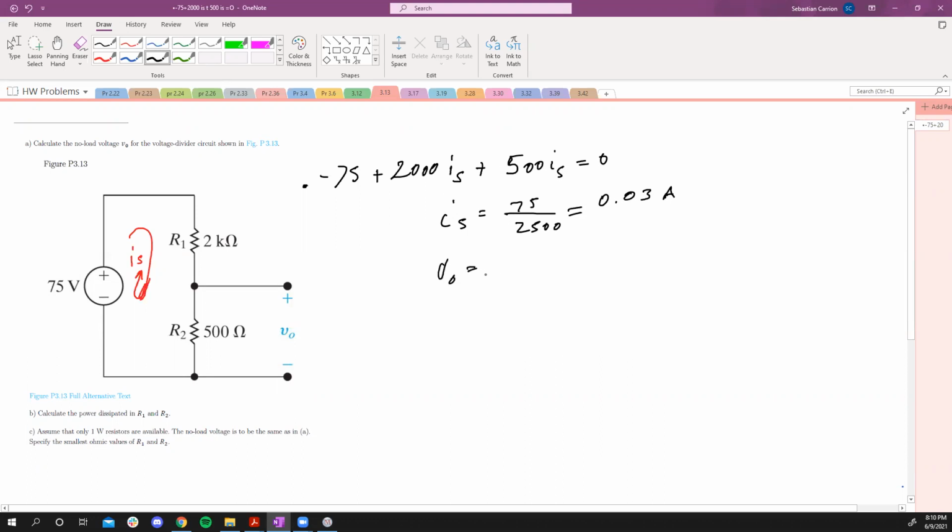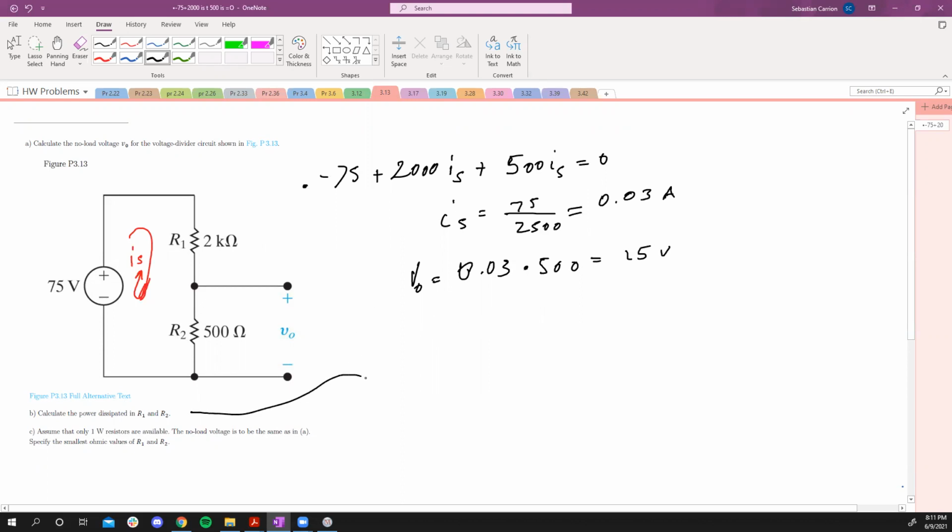So V naught is, assuming the bottom node would be ground, V naught is I times R, so IS times R, so 0.03 times 500, and that would be 15 volts.